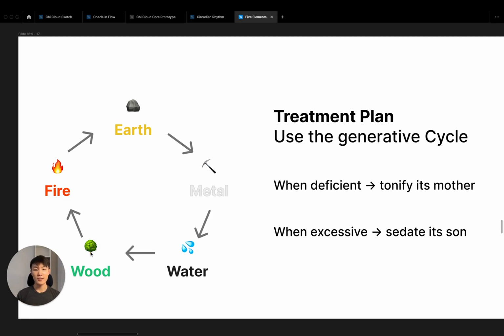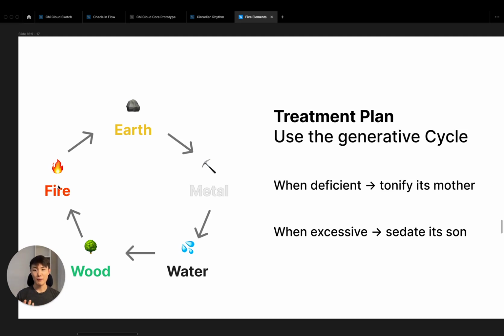On the other hand, when there's an excess, you want to sedate its son. So a good way of thinking about this is when there's a lot of excess in the mother, by sedating its son, there will be more than enough for the mother to give to the son.